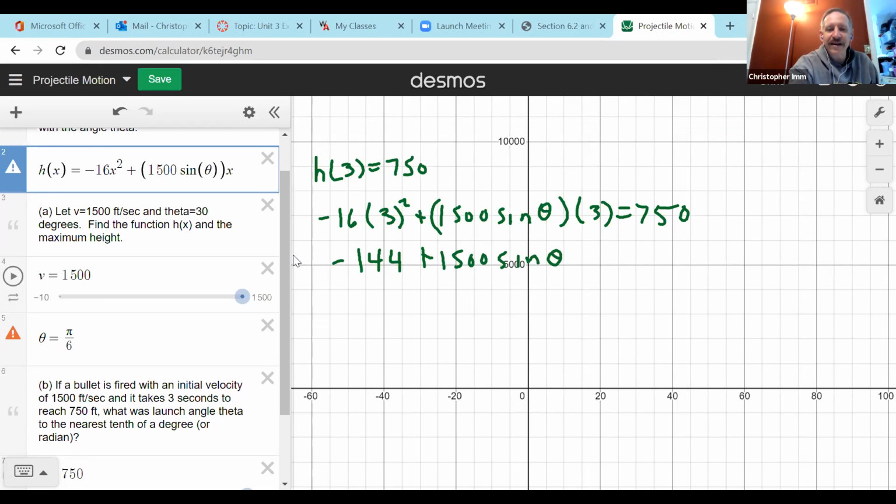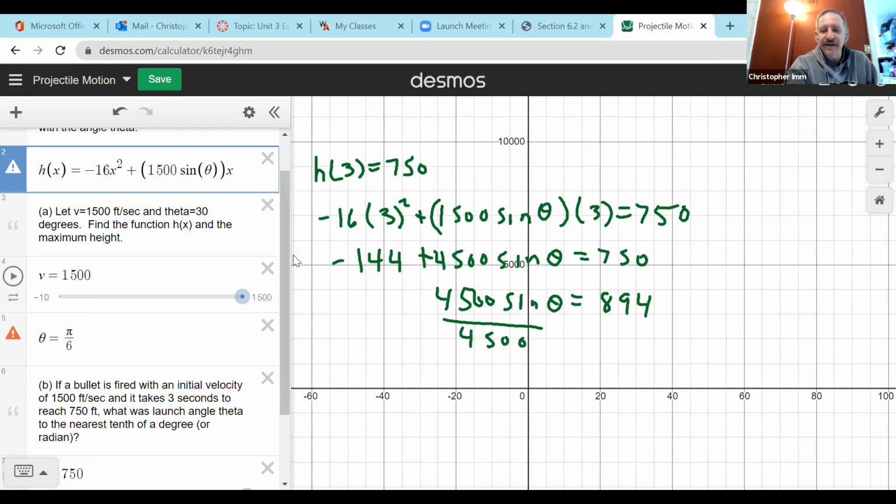Oh, but I have it times 3, so that's 4,500 sine theta is equal to 750. And now it looks like a linear equation I can solve. So I have 750. If I add over the 144, I have 4,500 sine theta is equal to 894. So I add that 144 over, and then I divide by 4,500.